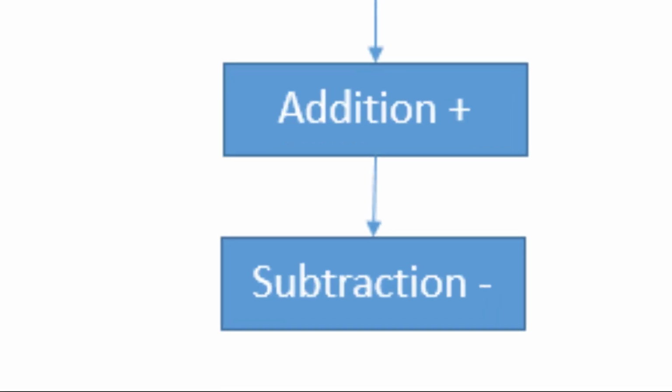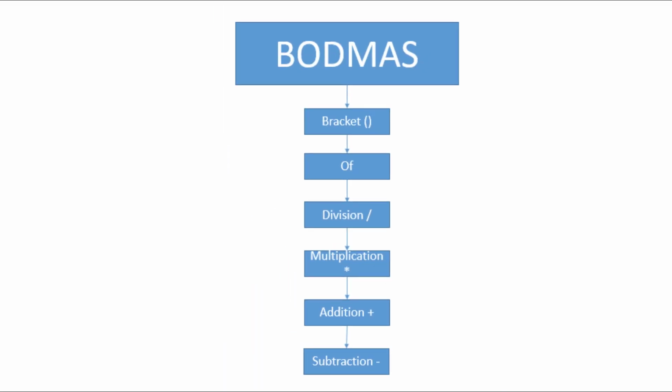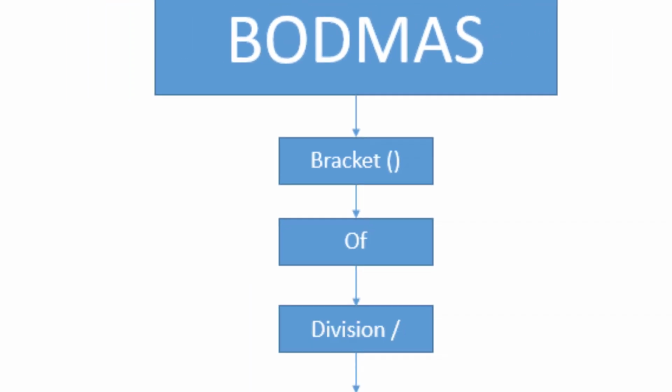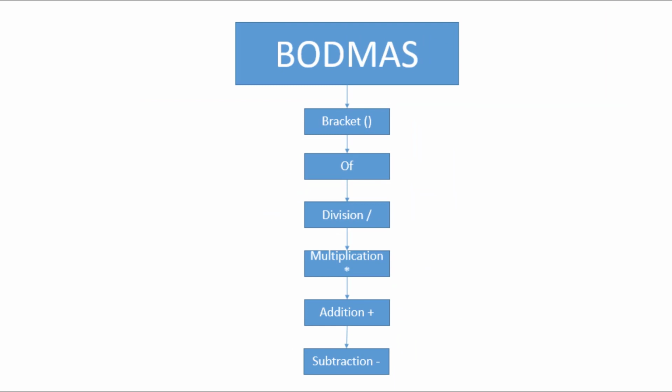This means if you have a lot of arithmetic operations in a code cell, addition and subtraction will have the least priority. They are at the bottom of the hierarchy. Brackets are the top of the hierarchy.